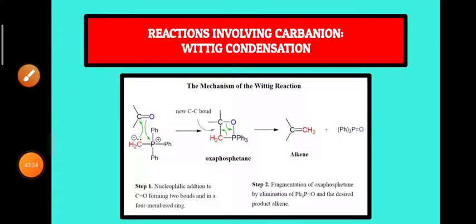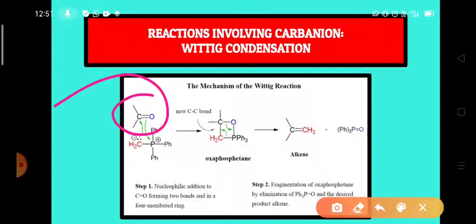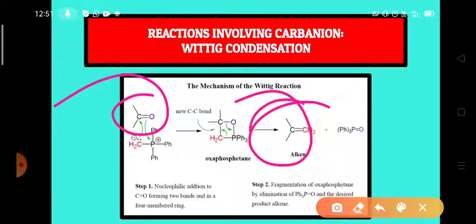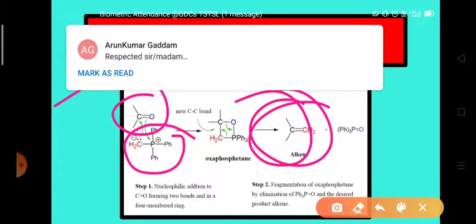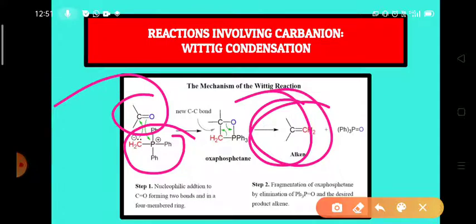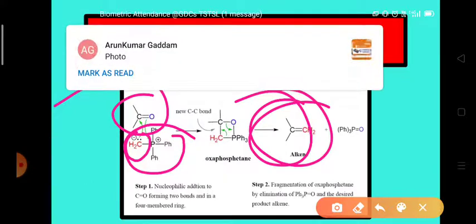In the Wittig reaction also carbanions are formed. In Wittig reaction what happens? Carbonyl compounds form alkenes. And here we take help of the phosphorus compounds. In this reaction also, look here, we get the negative charge on the carbon.